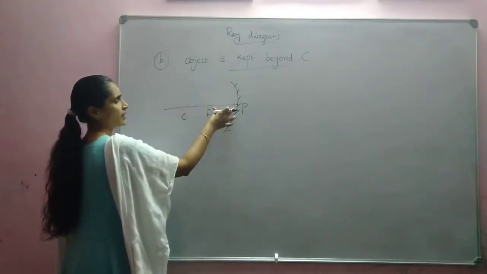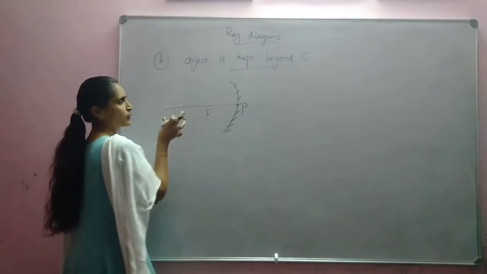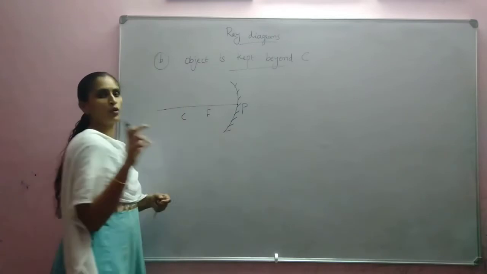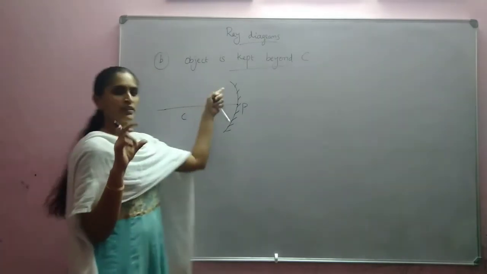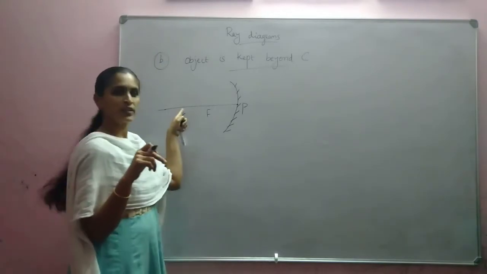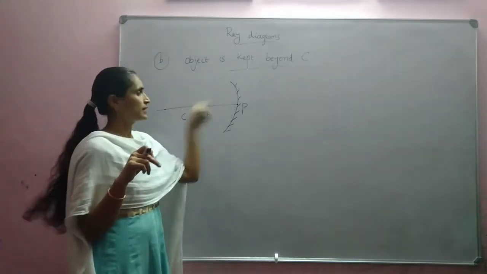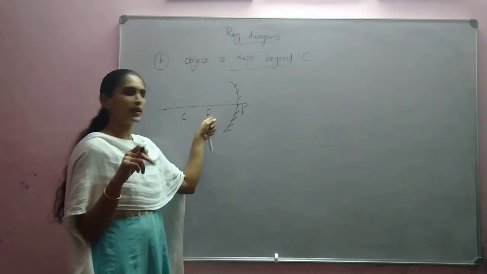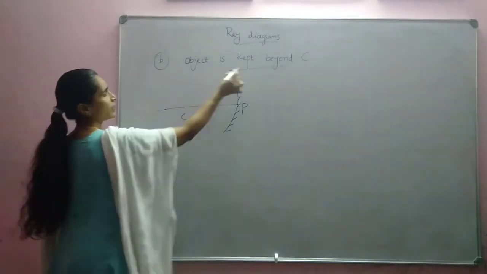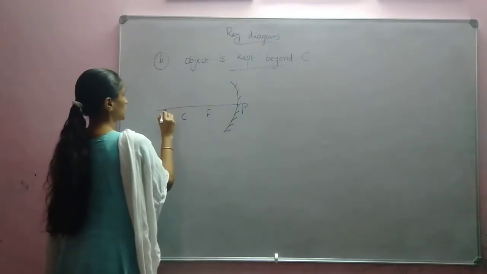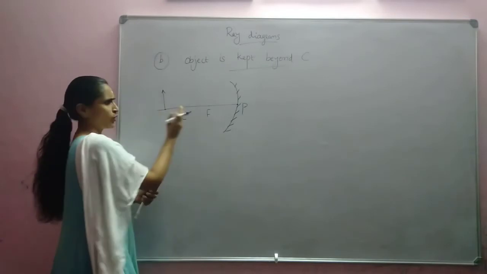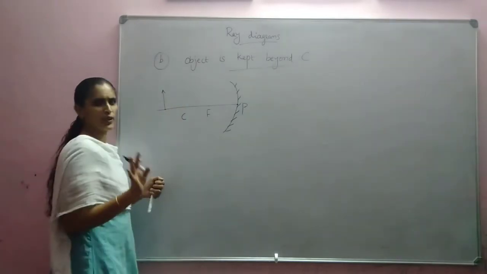Exactly, it should be equal. Okay, FP and CF should be almost equal. So when you draw, I told you it is better to use a compass. By using the compass you can make a circle, and mark its center as C. Then for half of the CP distance, you have to mark that position as F. Okay. So here we are keeping an object beyond C. We are keeping it at this position, anywhere beyond C, any position you can keep.